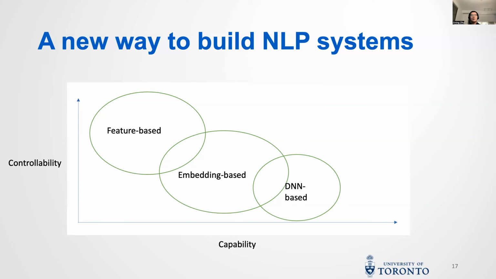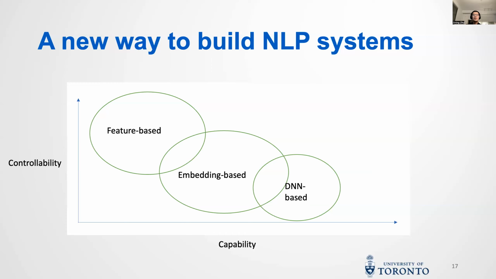Their capabilities are larger than those embedding-based systems because deep neural networks can handle complex mappings in the text, and they're able to capture some higher-level dependencies across different entities that are spread around the context. Whereas these things are very hard for embeddings to capture traditionally. Sadly, the deep neural network-based systems have even less controllability. Even interpreting those models themselves has been a hot research topic, network interpretability.